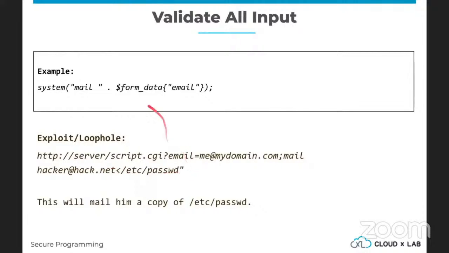What's happening here is that this concatenation of the string mail followed by the form data, the email from the form, is essentially forming a command, okay? And if you put a semicolon there, the command will be ended, and then the user can type any command of their choice.